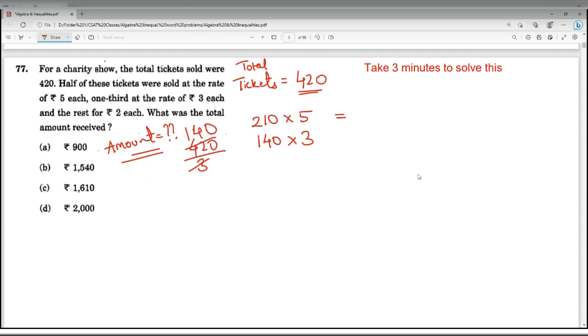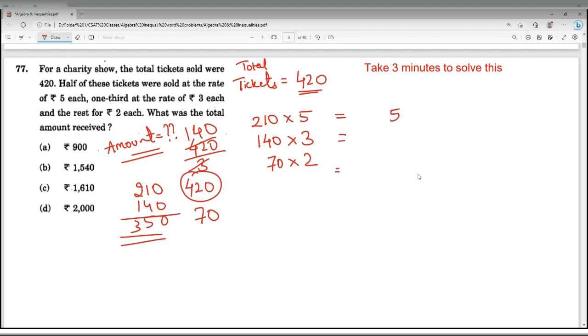And then the rest was sold at 2 rupees. So 210 and 140, total was 350. The remaining, since the total tickets sold was 420, is 70. The 70 tickets were sold at 2 rupees.